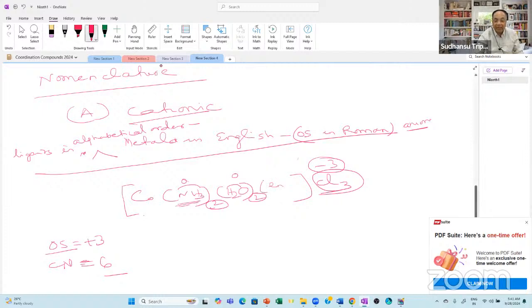Only the monoatomic ligands like oxido, chlorido, bromido, IUPAC says you may not put any parenthesis. But in all other polyatomic ligands, you have to put a parenthesis and write the number of such ligands as a subscript after the parenthesis.